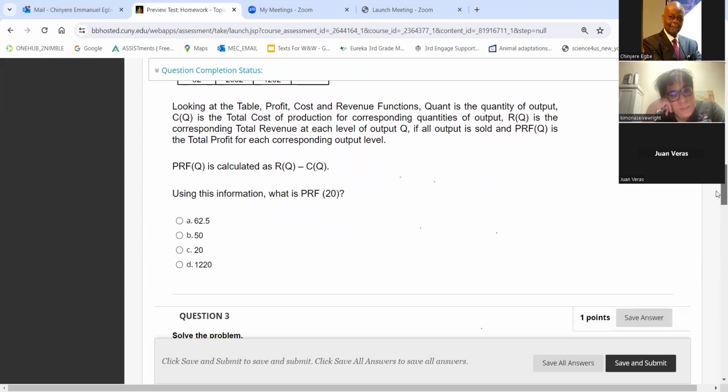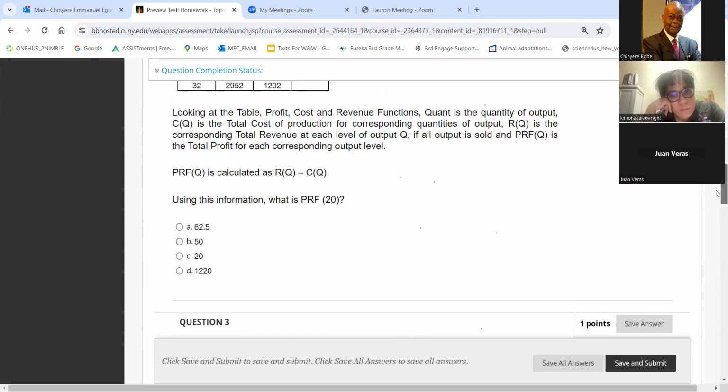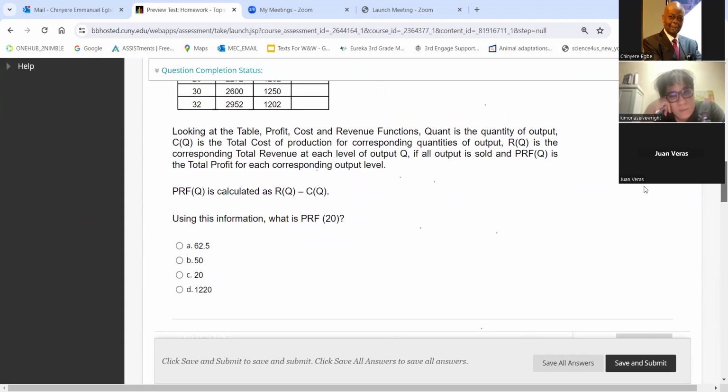Okay, let's take this for example, question number 2. Looking at the table closer, let's read it together. It says, looking at the table of profit, cost, and revenue functions, Q is the quantity of output.